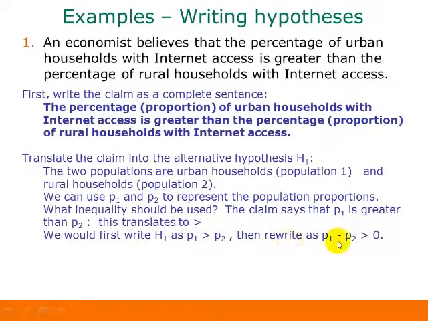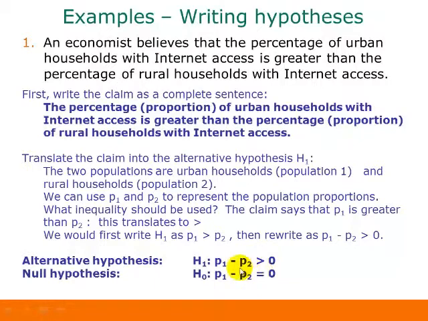And then we're going to rewrite it by subtracting the P2 from each side so that we get P1 minus P2 is greater than 0. So there is our alternative hypothesis. Then our null hypothesis is just going to be this same thing with the inequality replaced with an equal sign. So it's going to look like this.